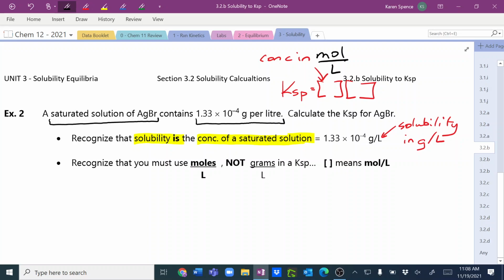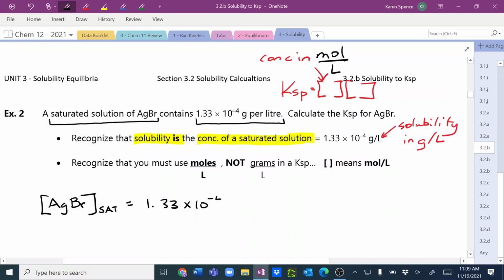So let's do that. The concentration of AgBr, and I'm going to put a little SAT down here for saturated, is equal to 1.33 times 10 to the minus 4 grams per liter.